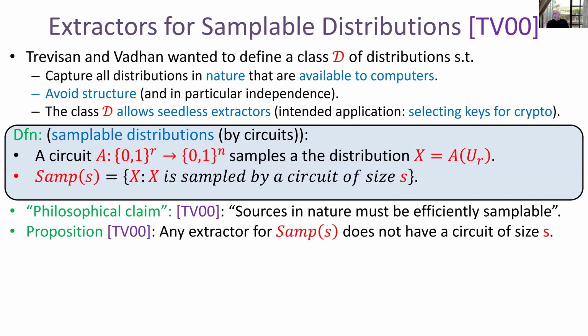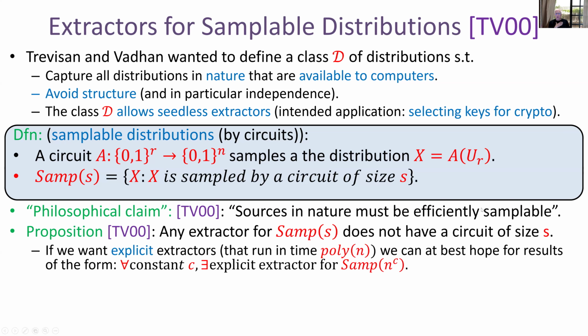But then Trevisan and Vadhan immediately noticed that any extractor for distributions sampleable by size S circuits does not have a circuit of size S. And this has two conclusions. One is that if we want explicit extractors, namely extractors that run in polynomial time, the best we can hope for are results of the following form.